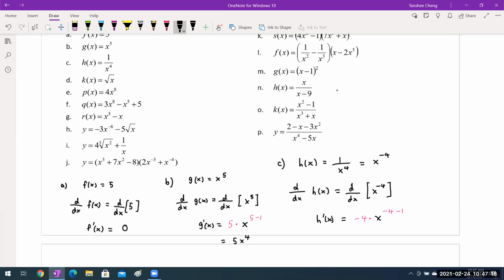So this will give us negative 4 x to the negative 5th power, or you may rewrite it with positive exponents, depending on how you want to show your answer.